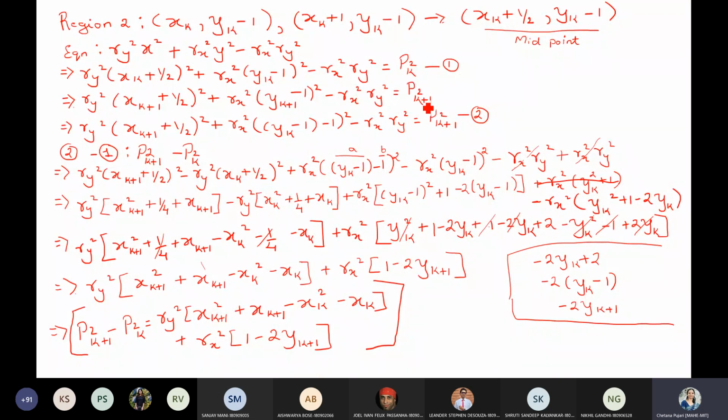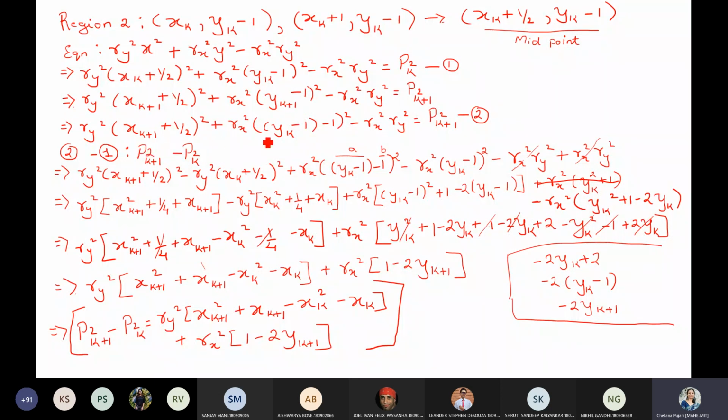So next, for the next iterate, for the next decision parameter, that is P2 of k plus 1, you are going to replace k with k plus 1. So we have replaced y of k with y of k plus 1. Other things remain the same.